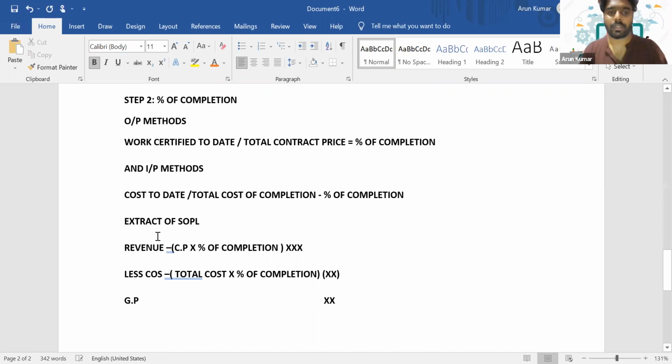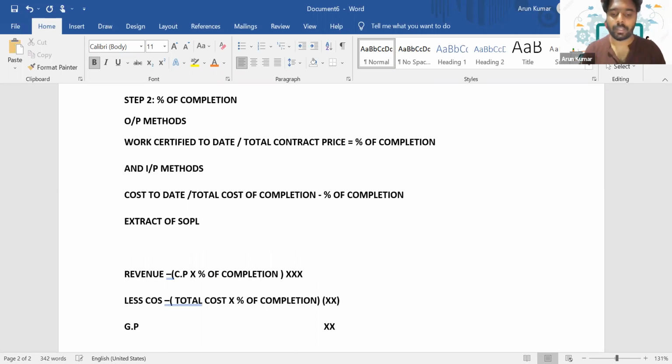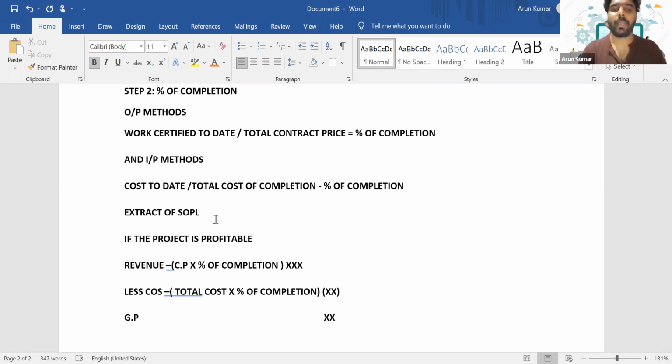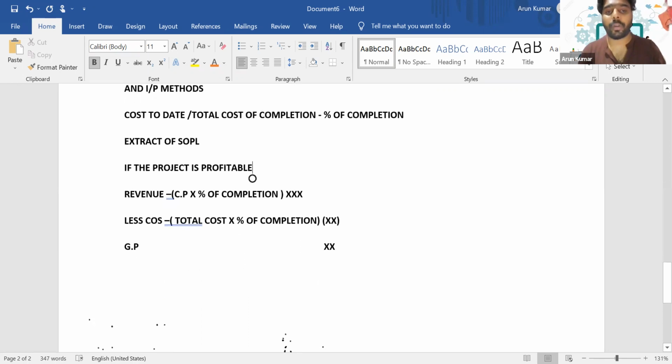So this is the SOPL extract if the project is profitable. Let's say the project is not profitable. In that scenario, how will you account for it?